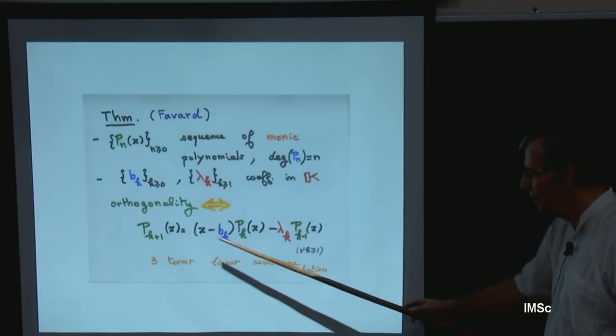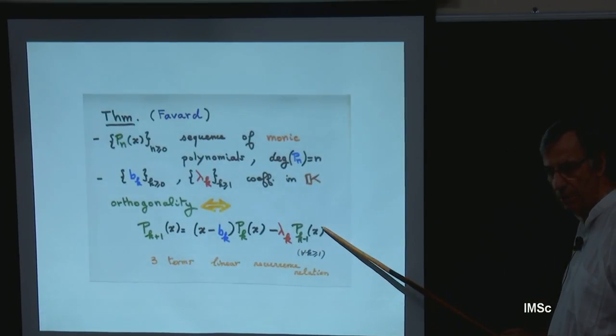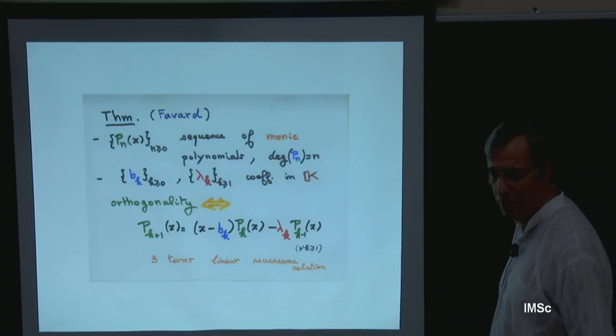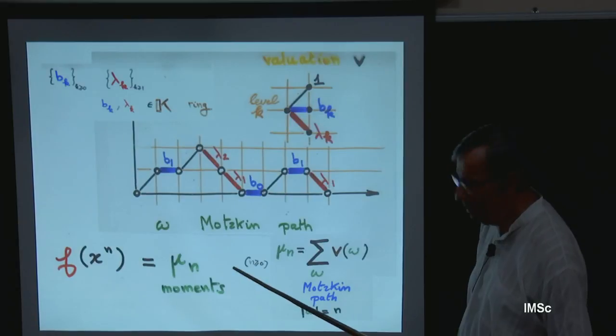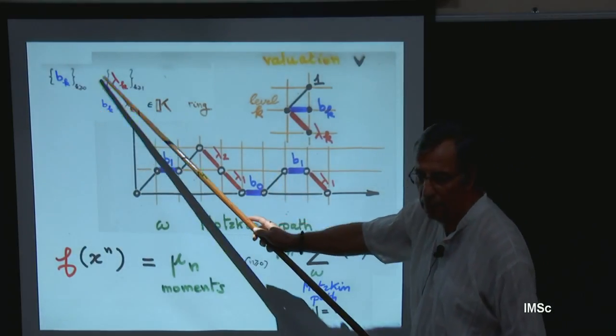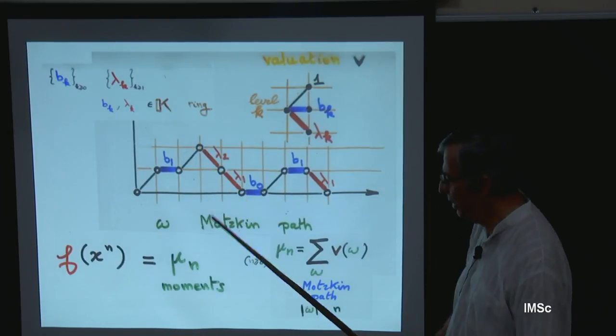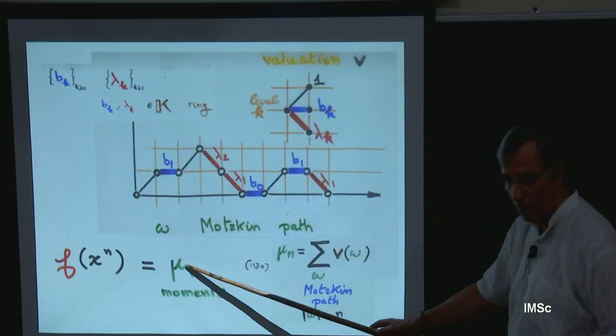And conversely, if you have a sequence of polynomials satisfying this three-term recurrence relation, then they are orthogonal for something. And one of the main theorems was that they are orthogonal for a linear functional f, which is defined by the moments.